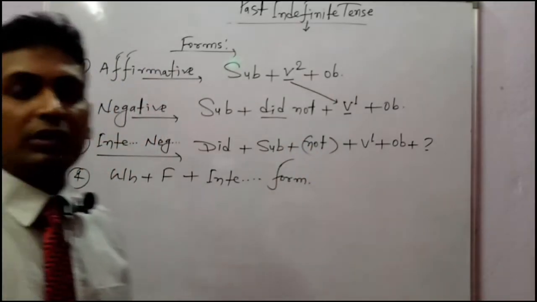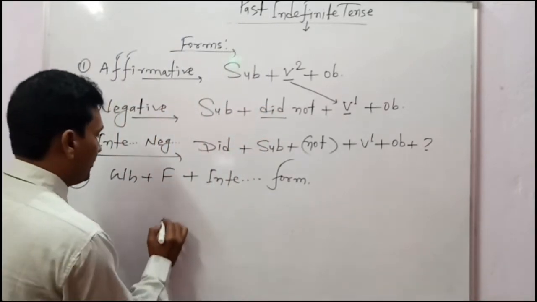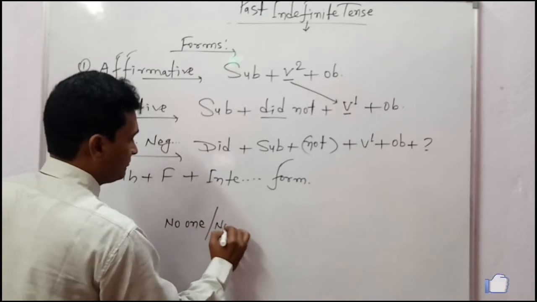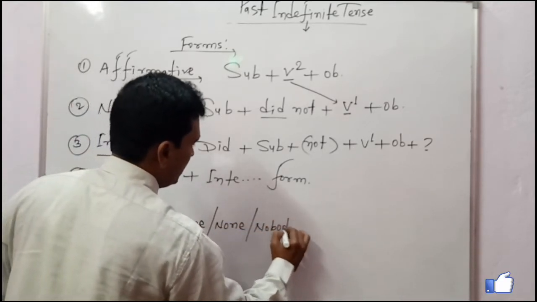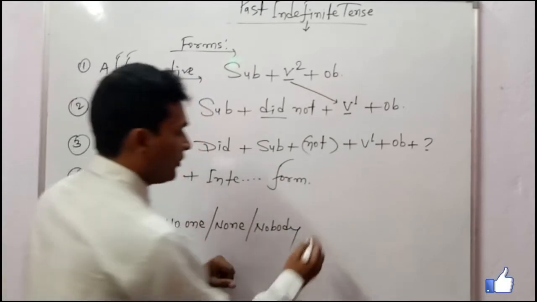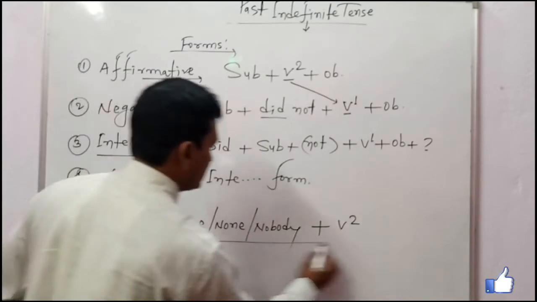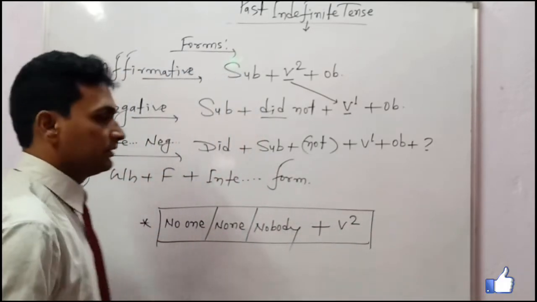Now one more formula you have to keep in your mind, that is what, if your sentence begins with no one, none, nobody, right? Then you have to go with the second form of the verb. Always just keep this formula in your mind, right?